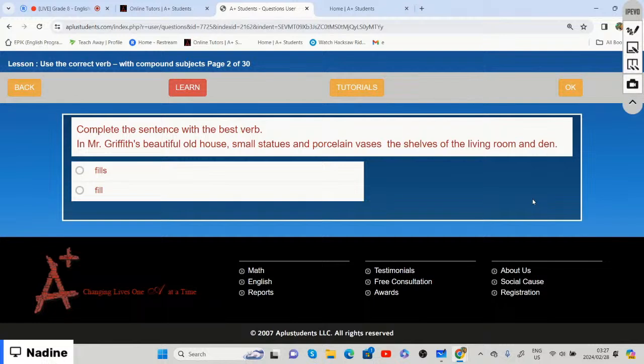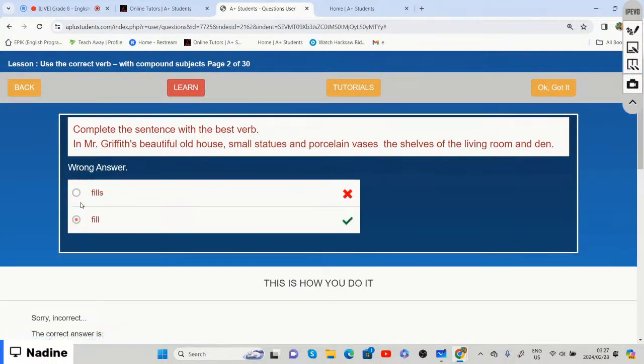All right. So we can say Mr. Griffin fills. Oh, full. Hmm. So it's fill, not fills.